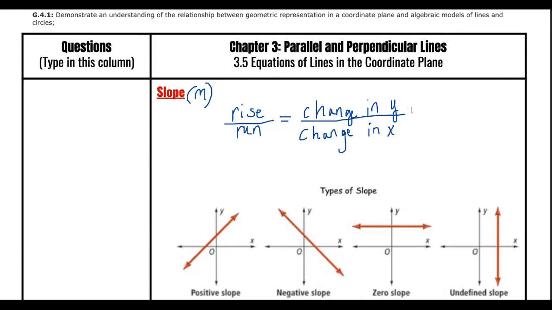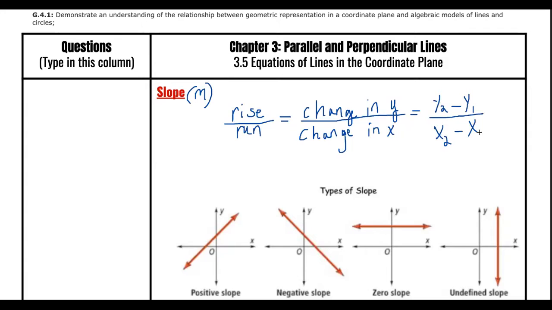Okay, so these are two formulas written when you're dealing with the coordinate plane. Now, sometimes you're asked to find the slope between 2 points, and you're actually given two sets of points, two ordered pairs. And the formula you want to use for that is y2 minus y1 over x2 minus x1.